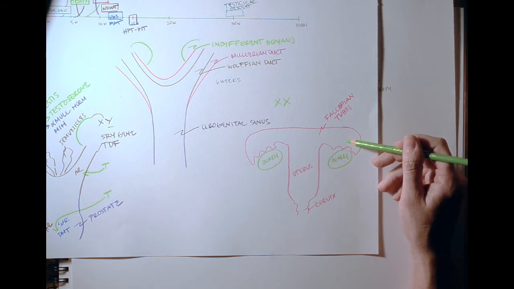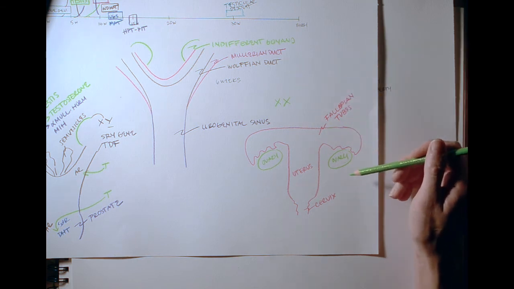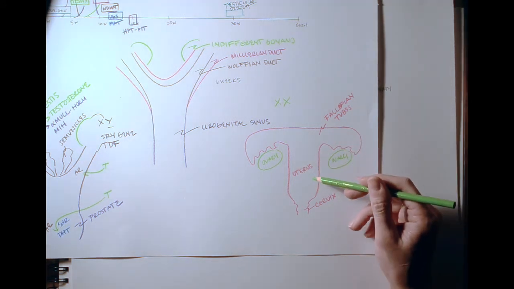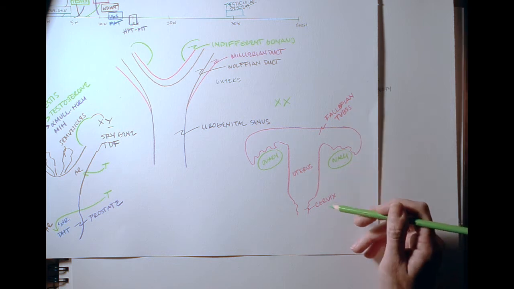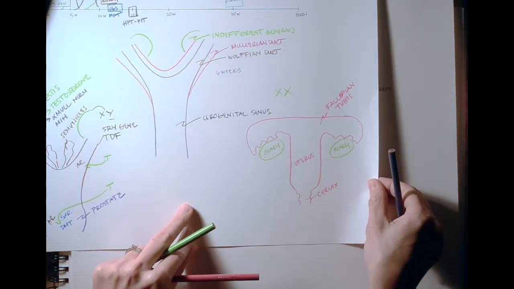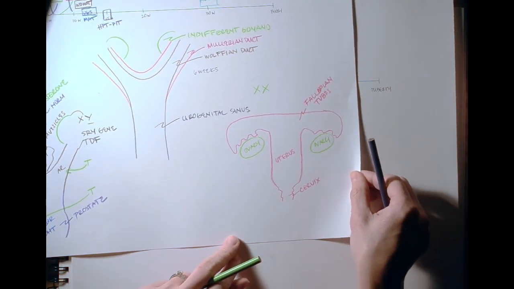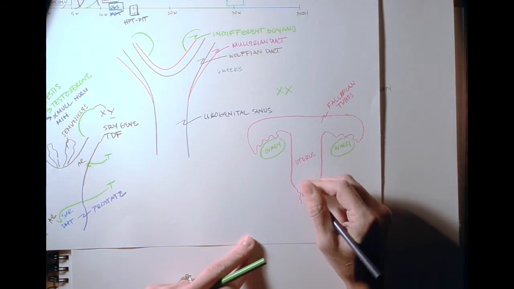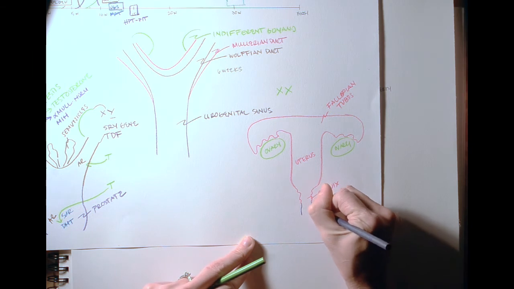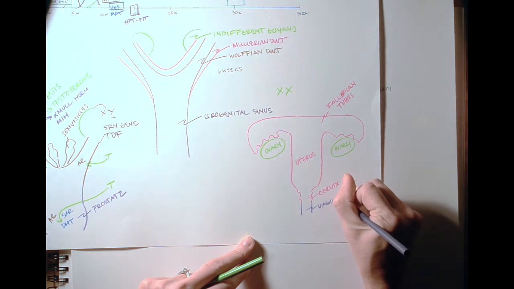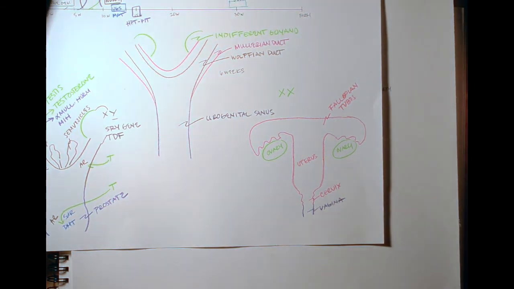We have no testosterone, which means we have regression of the Wolffian duct and maturation of the Müllerian duct into tissues such as the fallopian tube, or the oviduct, the uterus, and the cervix, which means we have one last tissue that also differentiates in the absence of testosterone, and more specifically dihydrotestosterone. And that is the external female genitalia, which would include things like the vagina, and other female external parts.